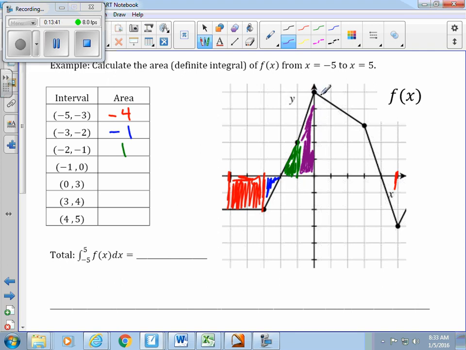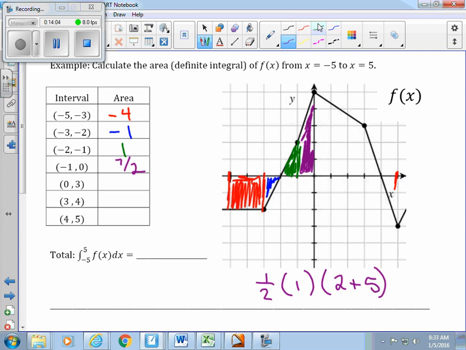Does everyone see the trapezoid on its side? So we have 1/2 times 1 times 2 plus 5, which is 7. So 7/2. And that is positive.